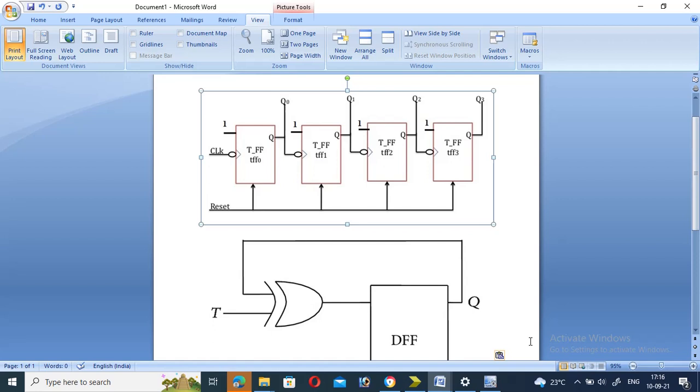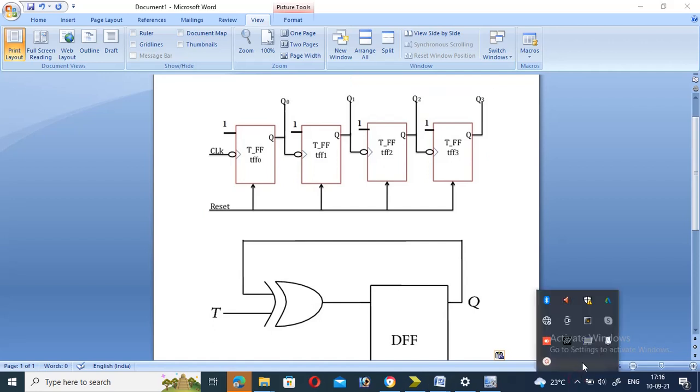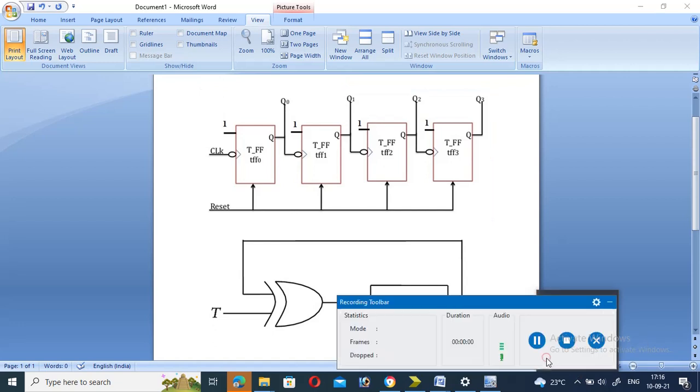Okay friends, let us see here. This is a diagram for an asynchronous counter with the help of T flip-flops. In a synchronous counter, the clock signal is applied to all flip-flops at a time.